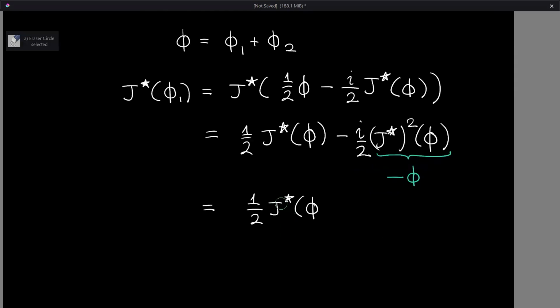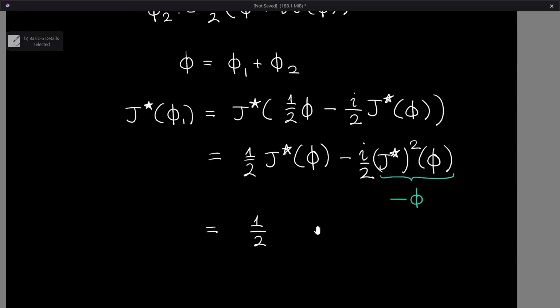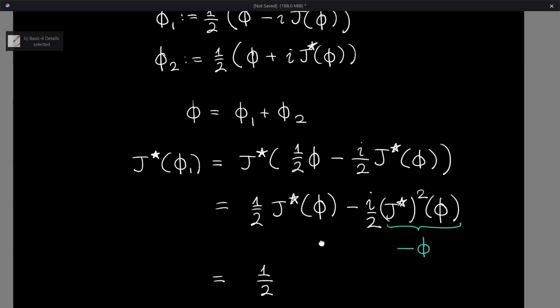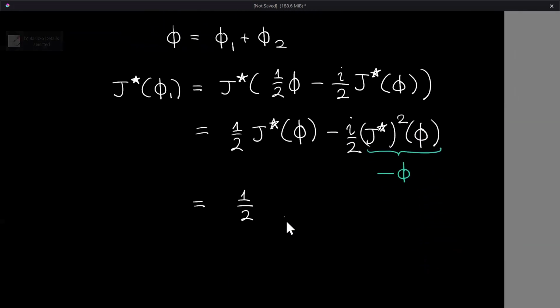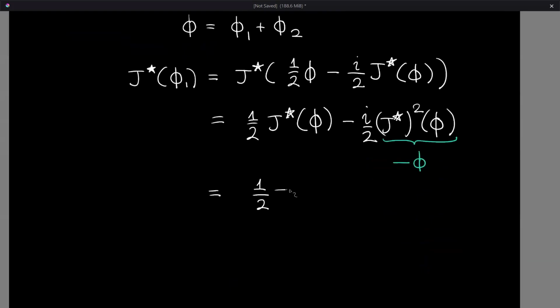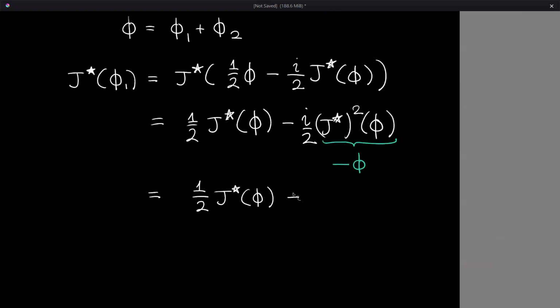Let's evaluate this J star of phi as well. Hmm, okay, let's leave that for now. J star of phi plus i by 2 phi.